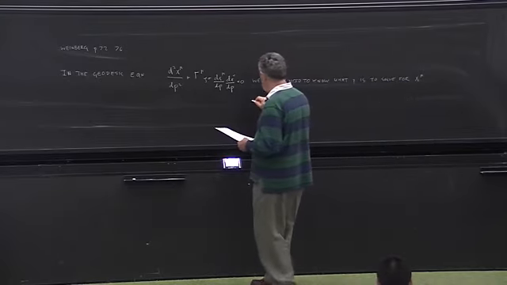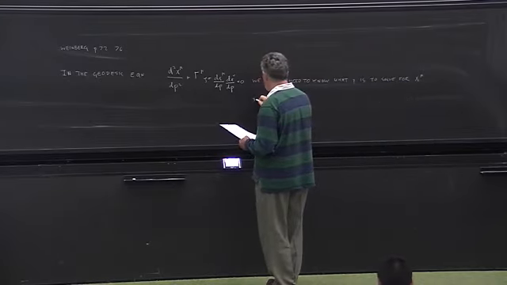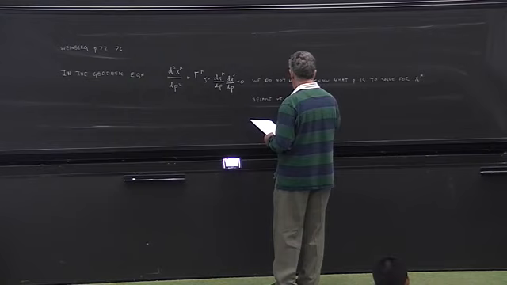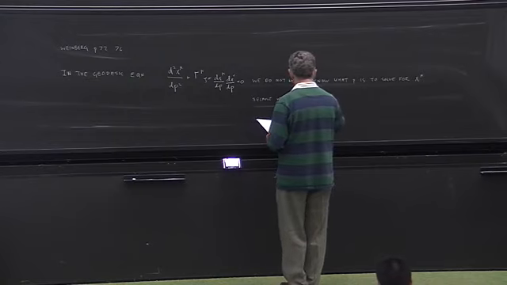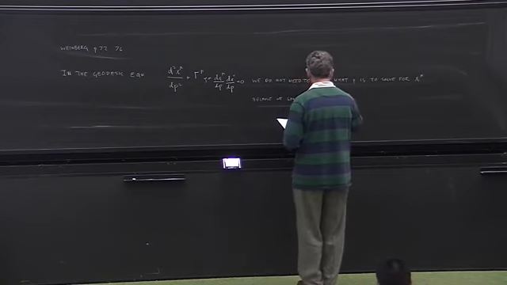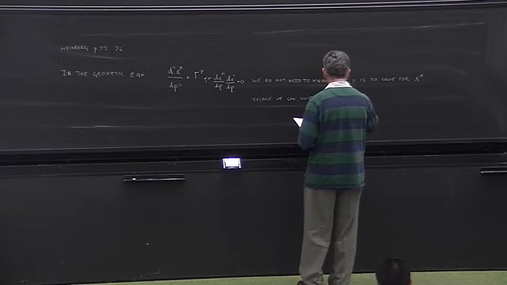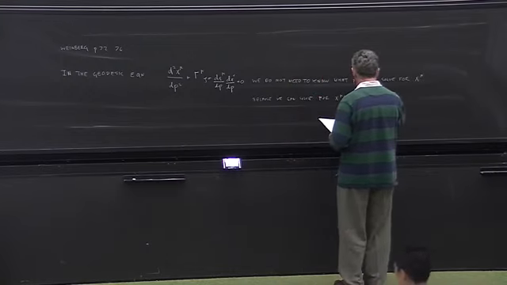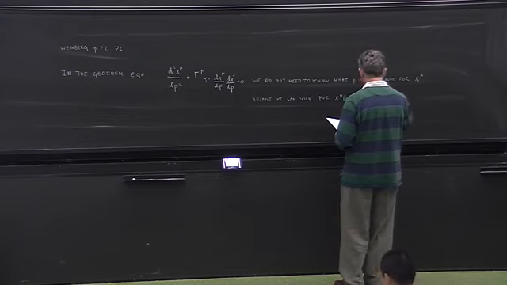Because we can solve for x mu of p and then eliminate p in favor of t.